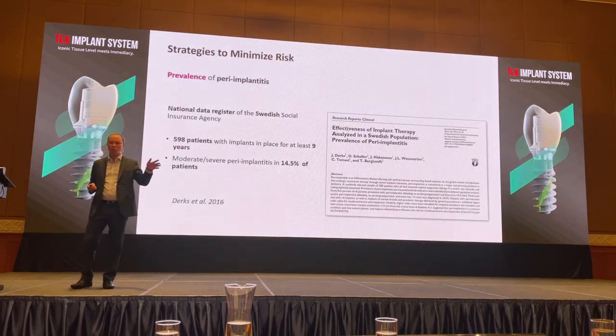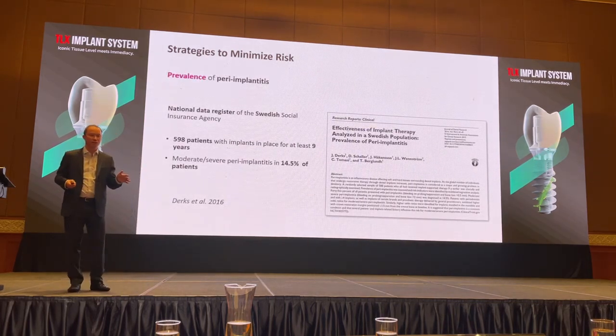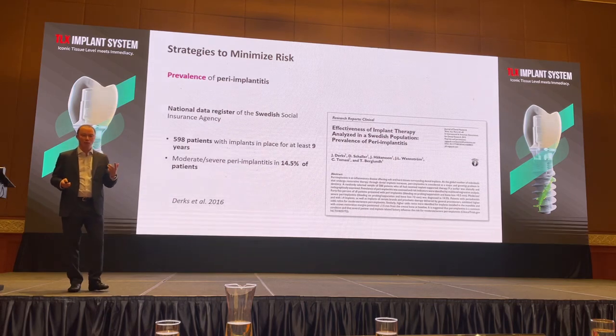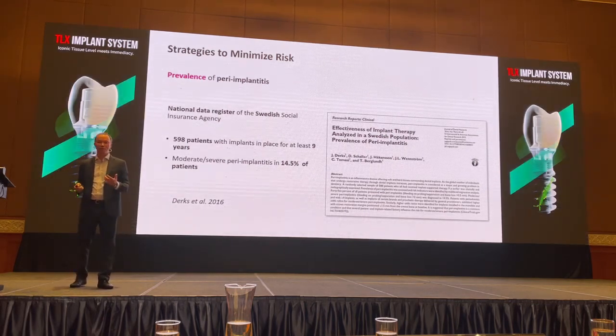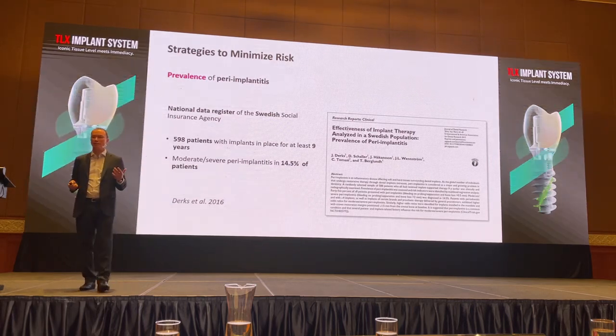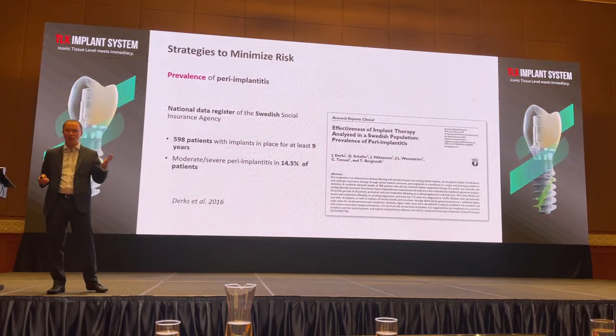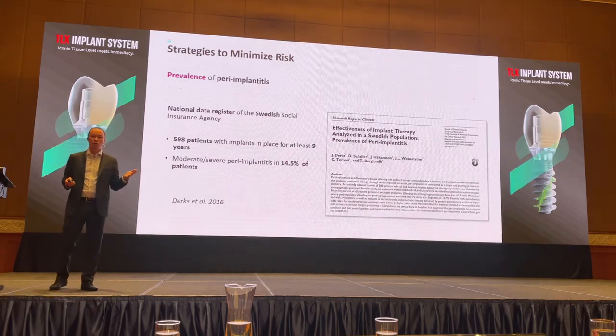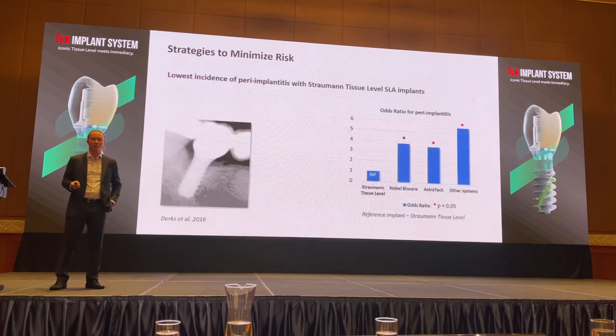And Dr. Lam showed you this study, Jan Dirks, that showed that in the Swedish registry, of 598 patients with implants in for at least 9 years, there was moderate to severe periimplantitis at 14.5% based on their diagnostic criteria.